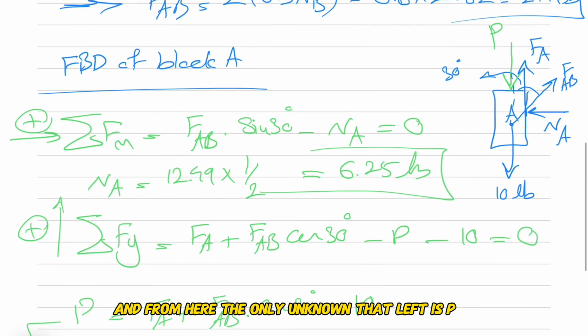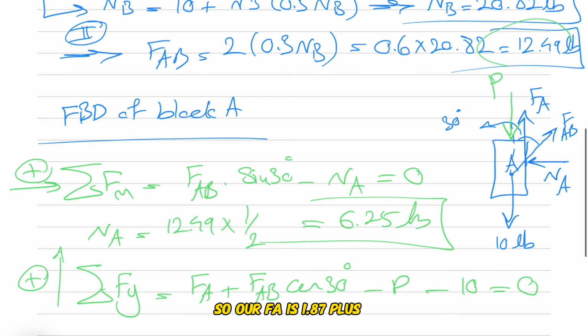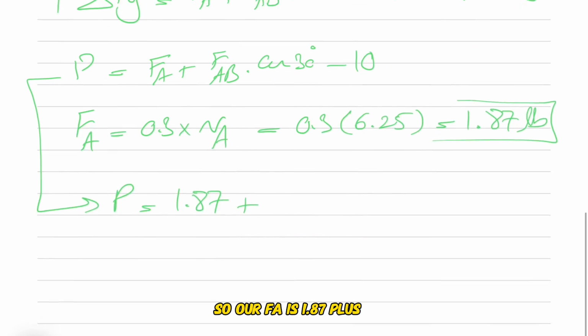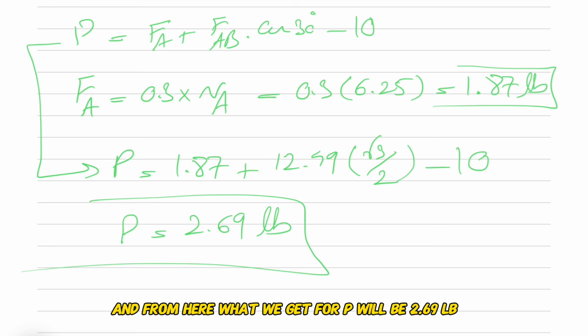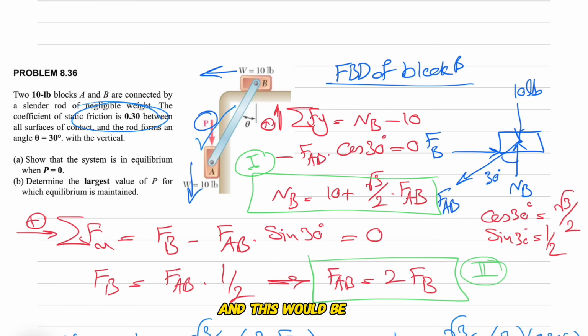So FA is 1.87 plus 12.49 times cosine of 30, which is square root of 3 divided by 2, minus 10. From here, what we get for P is 2.69 pounds. And this is the max of P that we are looking for.